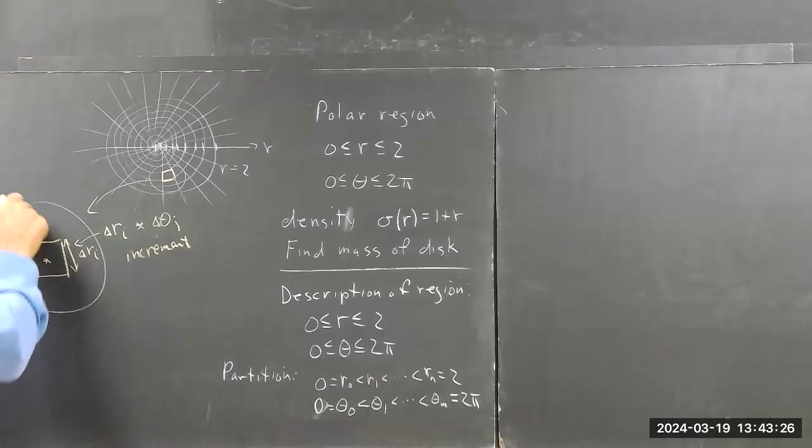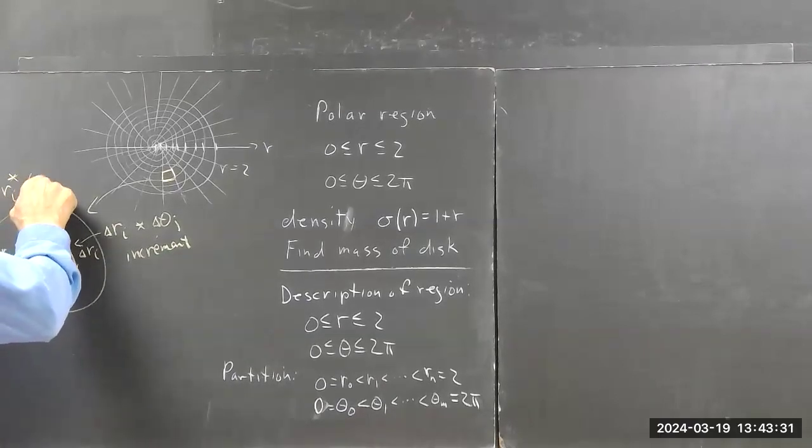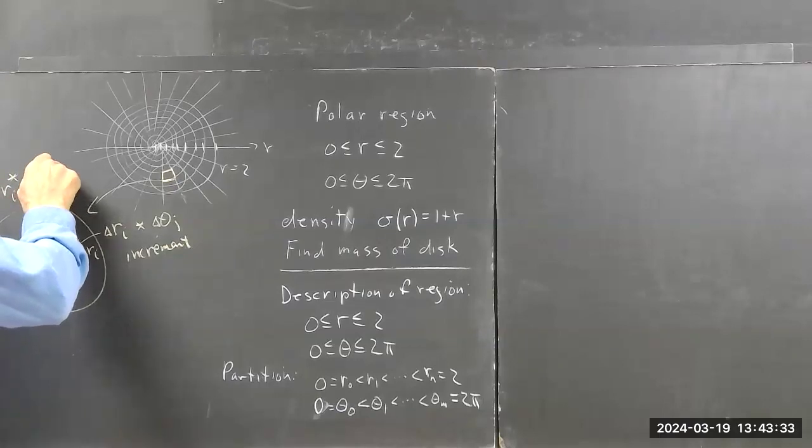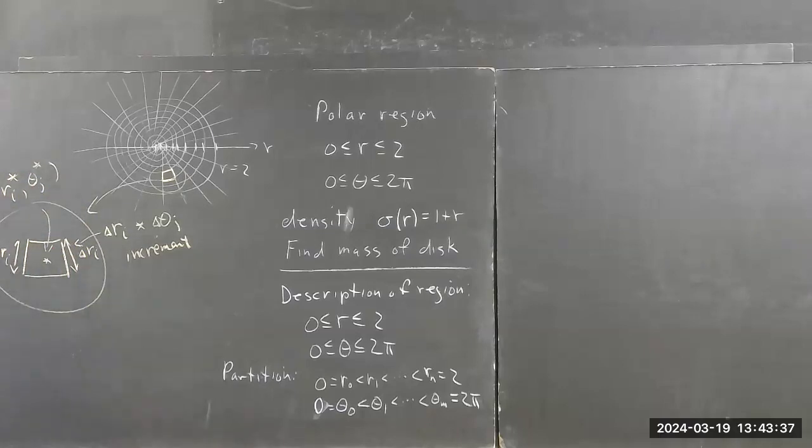Let's take our sample point, Ri star, theta J star. The increment is delta Ri long this way. It's not a perfect square, is it? Because constant theta keeps flaring out. The further out from the origin, the wider it is.